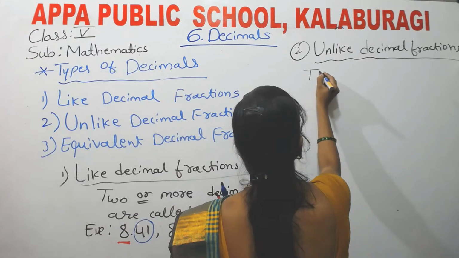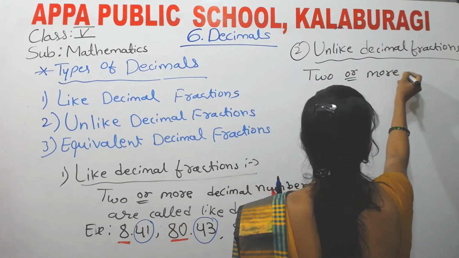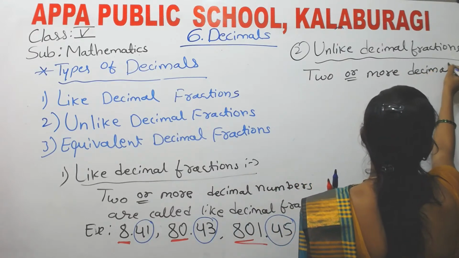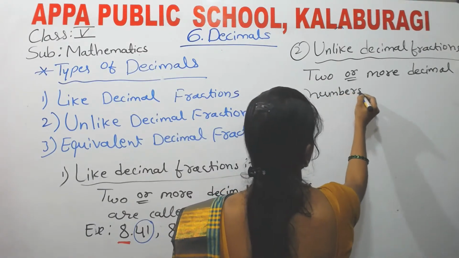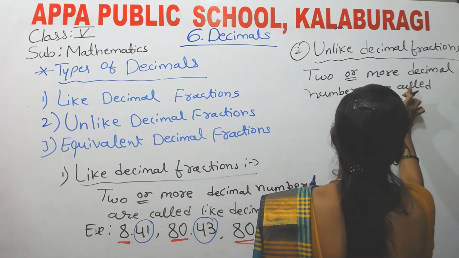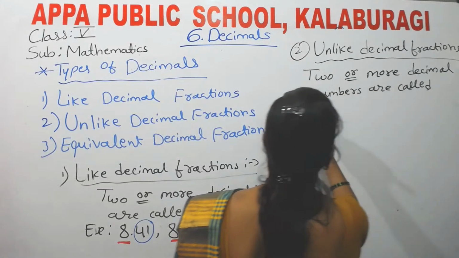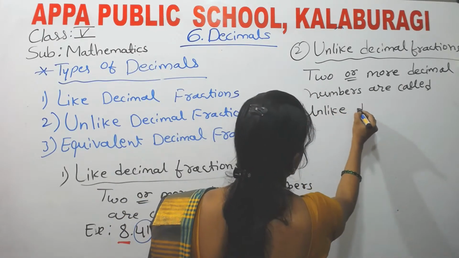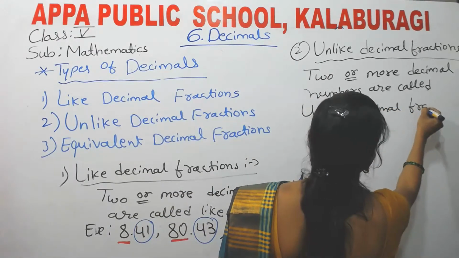Write it here: two or more decimal numbers are called unlike decimal fractions.